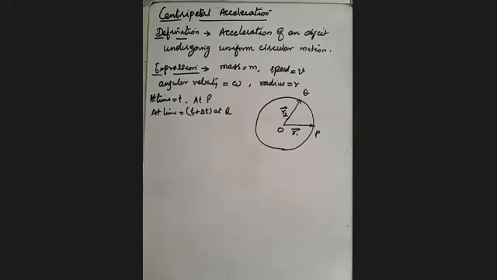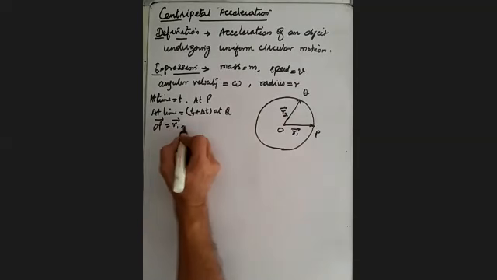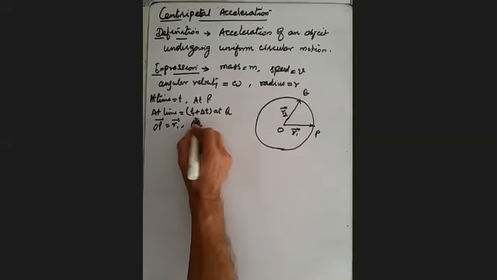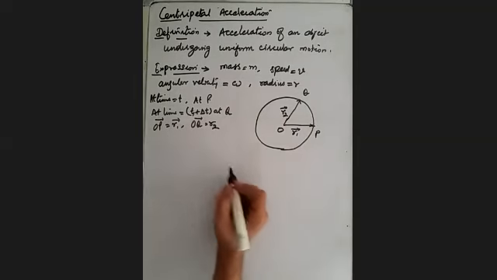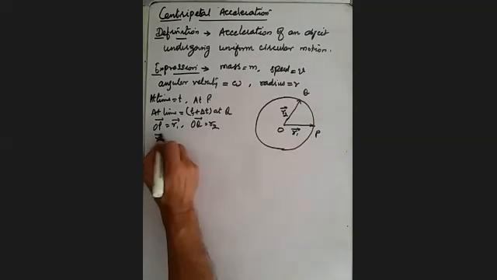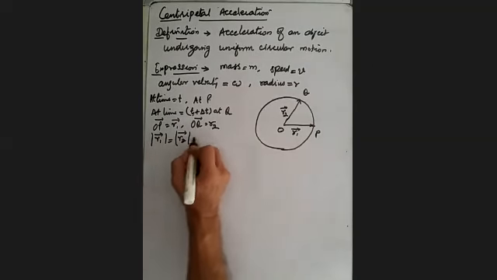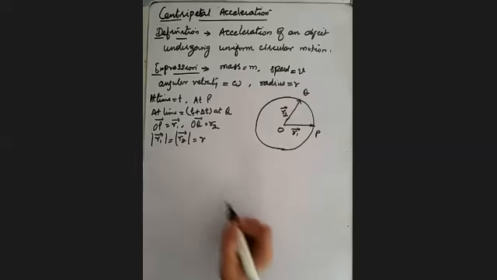So r1, r2 are the position vectors. OP vector represents r1, OQ vector is r2. Because it is a circular path, the magnitude of r1 is equal to the magnitude of r2, equal to the radius of the circular path.